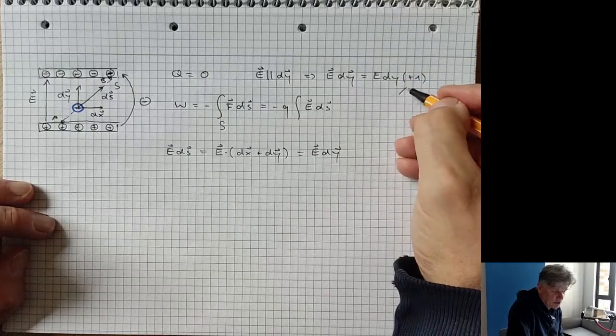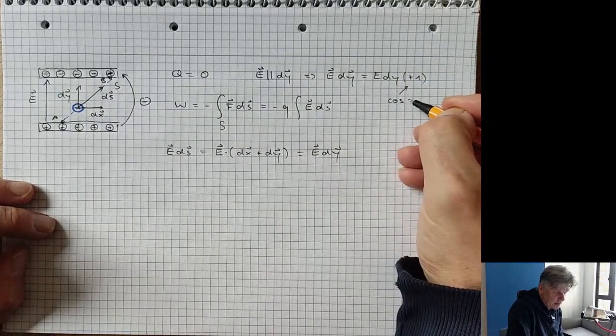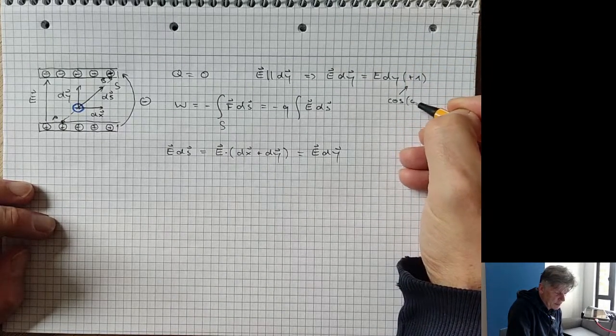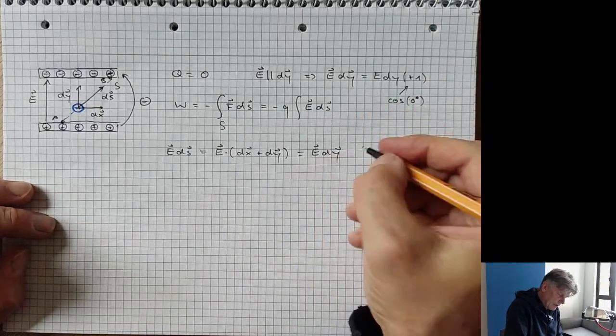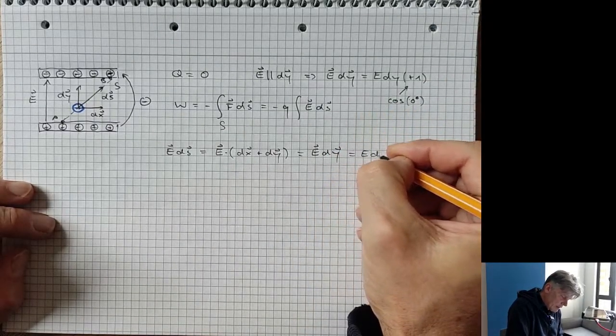Which is the cosine of 0 degrees, it's the plus 1. So that means it's E dy.